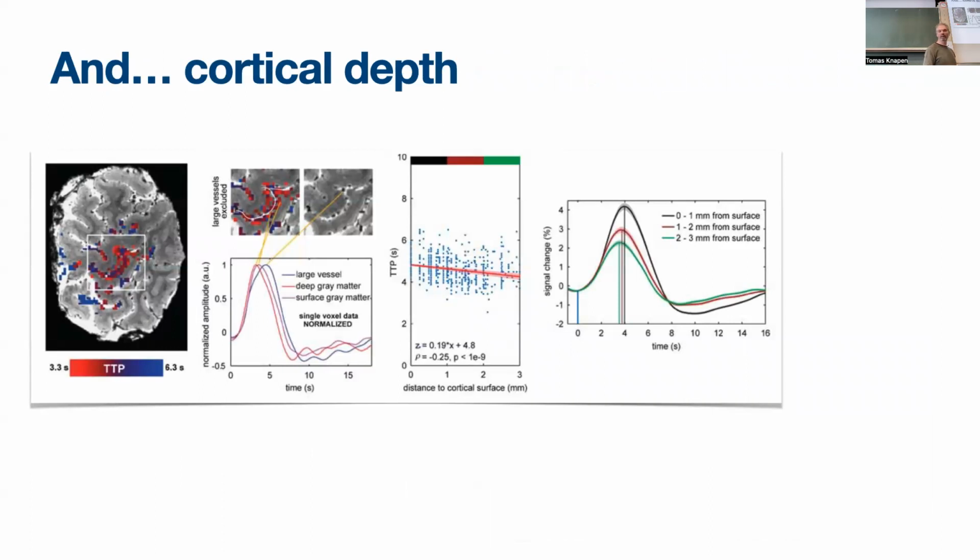I do want to highlight, because there's a push in the field to go to laminar fMRI and people talk about that a lot, that there is also a difference between the shape of the HRF at different depths of the cortical tissue. If your voxels become smaller and smaller, you can sample lower and higher regions inside the gray matter, closer to the white matter or further away from it.